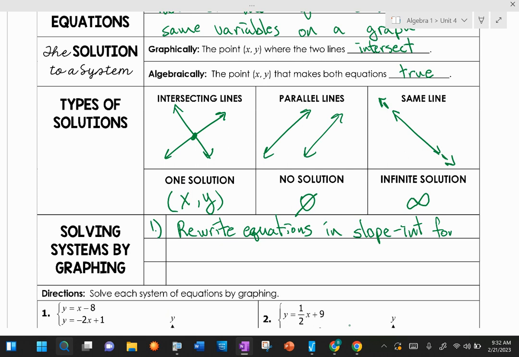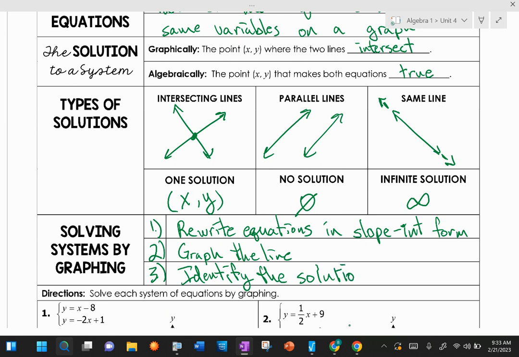Slope-intercept form. Step 2: graph the line. And step 3: identify the solution.